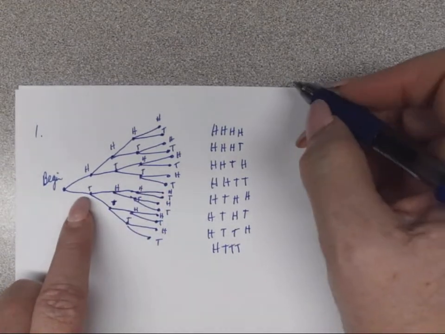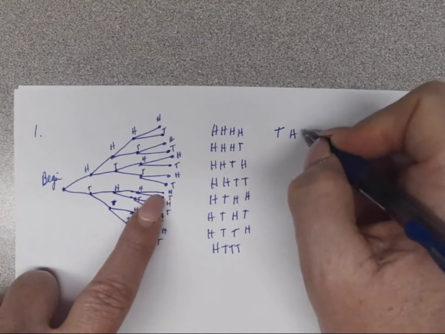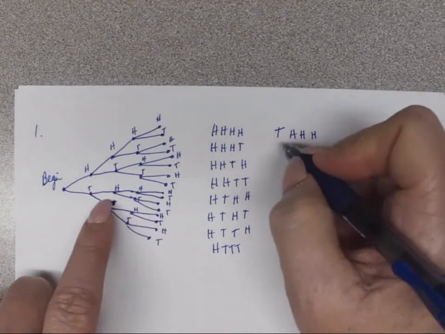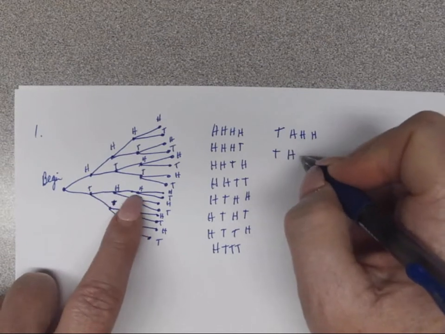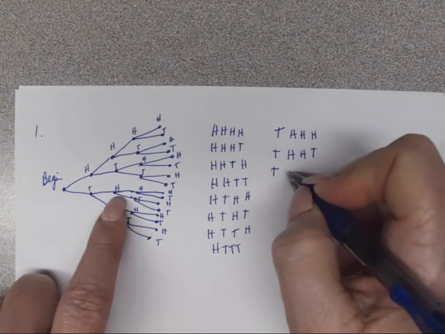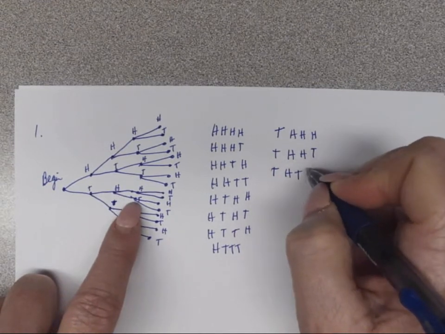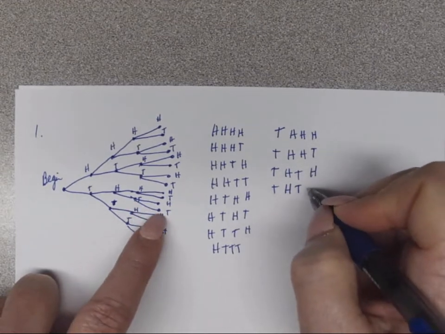Now, let's go to the bottom part. So if we got a tail first, we could get a tail, a head, a head, and a head, or a tail, a head, a head, and a tail. We can get a tail, a head, a tail, and a head, or a tail, a head, a tail, and a tail.